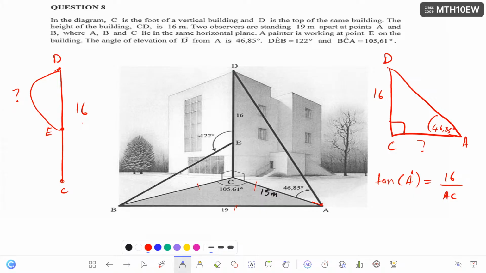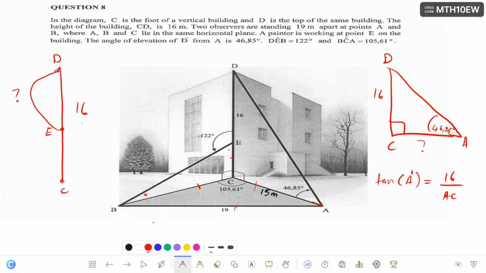So if we calculate this length and then calculate either this angle or this angle here, then after that we can also use the properties of right angle triangle to calculate this one.